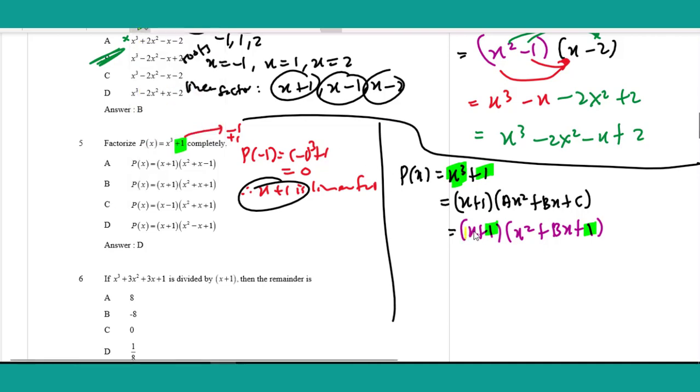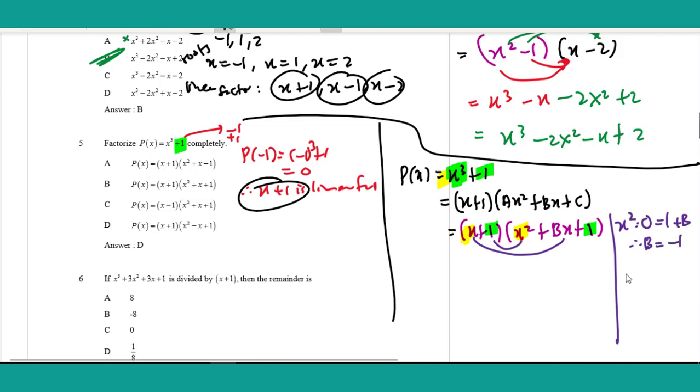Then x times x squared is equal to x cubed. We need to find b. To find b, just compare x squared. On the left-hand side there is no x squared, so 0. This one is 1, and this one is b. Therefore, b is equal to negative 1.